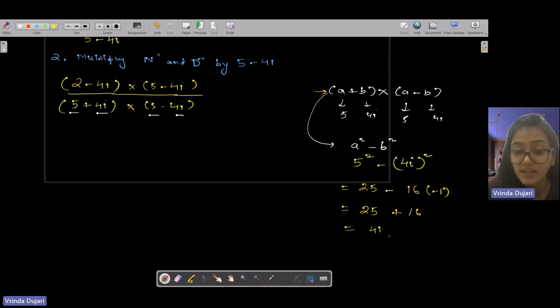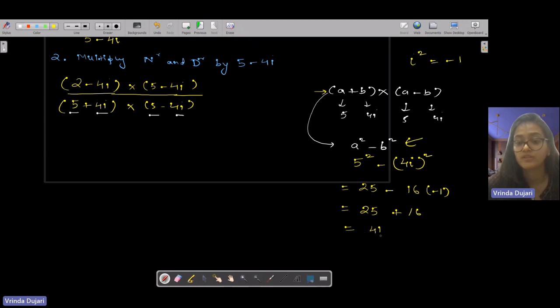So did you see what happened here? In the denominator, because I was able to square the iota term, iota disappeared, because we know that iota square is -1. That is why we multiply first by the conjugate, so that we are able to apply this identity, so that iota gets squared and disappears.